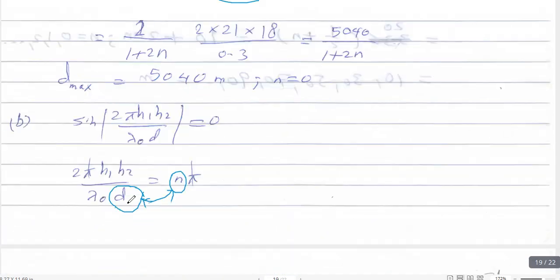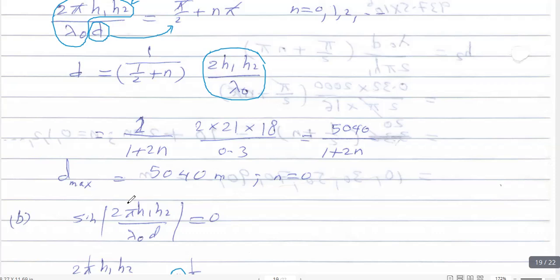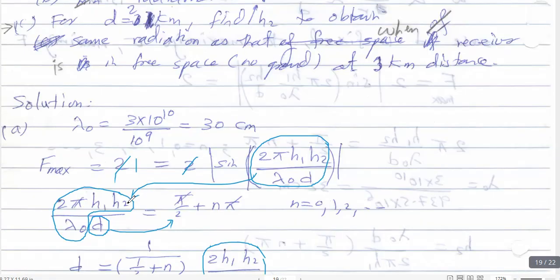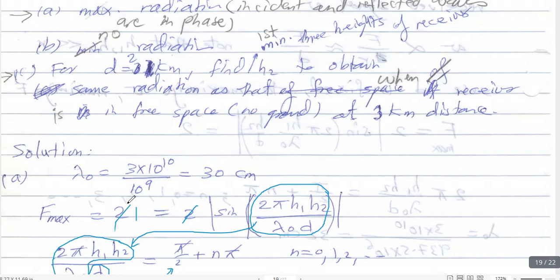The third problem, part C, asks: if the distance is 2 kilometers on the Earth, find the minimum 3 heights of the receiver. The distance is given.